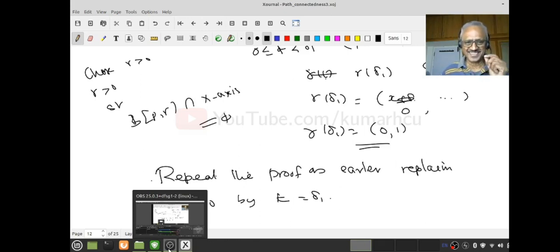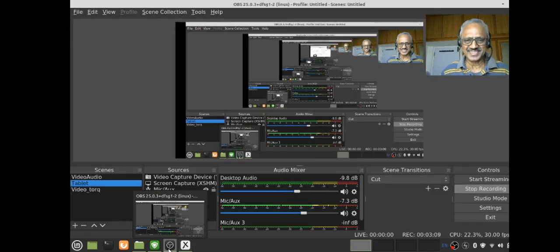Even though I also always want to think when I teach, sometimes it becomes difficult even for me. Please go through the proof. Understand the LUB thing and try to mimic the proof for the first part at delta 1. Earlier we said gamma of 0 is 0 comma 1, therefore pi 1 of gamma of 0 is 0, etc. Now we use the same thing, replace 0 by delta 1, mimic the proof.